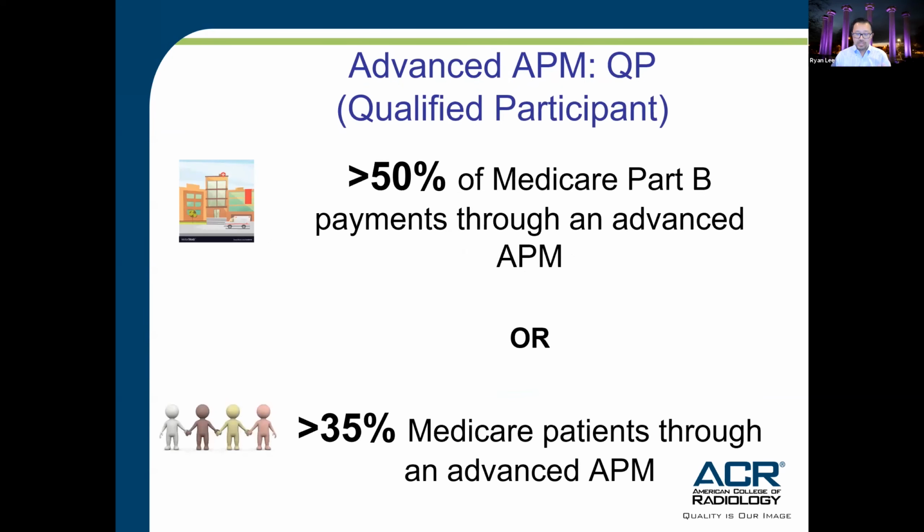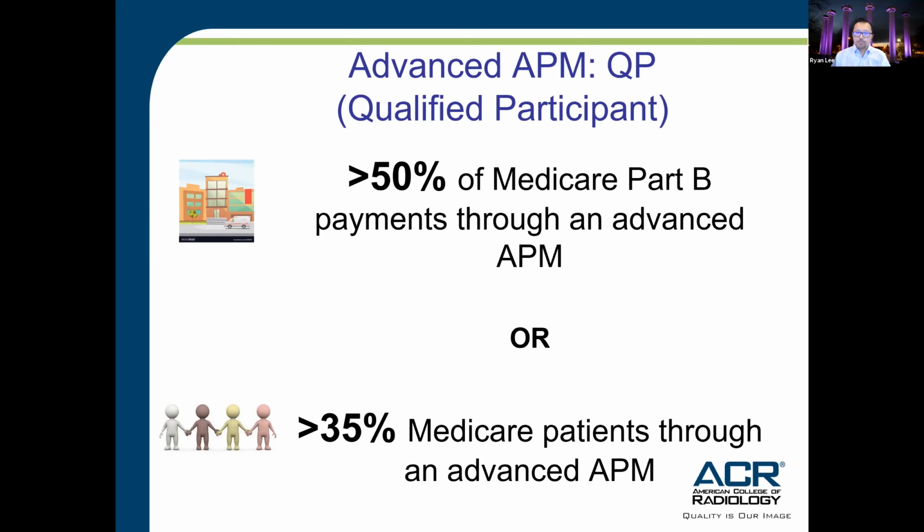But again, the story never ends there. It's not just that you're participating in one of these advanced APMs, but in order to qualify for that 5% bonus and to get out of reporting from MIPS, you have to show that either 50% of your Part B payments are through this advanced APM, or more than 35% of your Medicare patients are through an advanced APM.